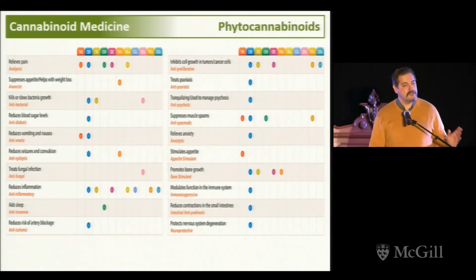So there are cannabinoids with more effect to fight nausea. Some others might increase appetite. Some others might fight anxiety. Some others might help you sleep well. And some others might help you fight your pain. So that's why it's so challenging for us clinicians to know what is in the plant.